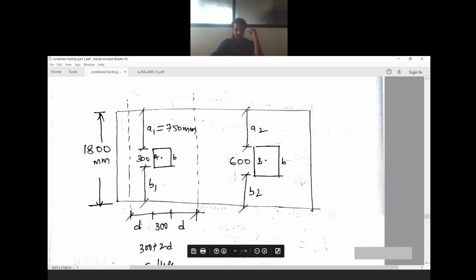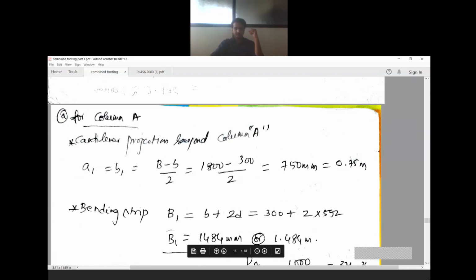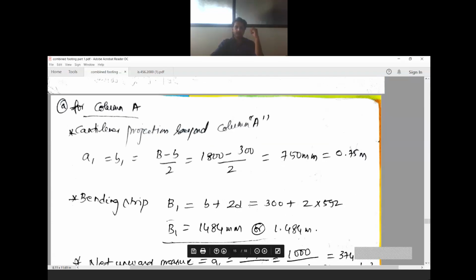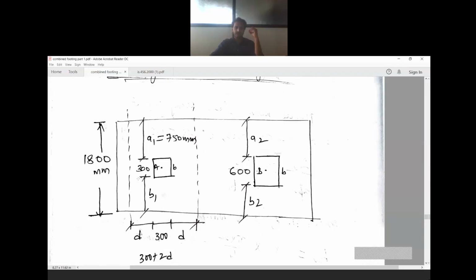For column A, the cantilever portion beyond column A is A1. A1 is the projection length from the face of column A, so we have to calculate A1. 1800 minus the width of the column, then divided by 2, will give you A1 and B1.